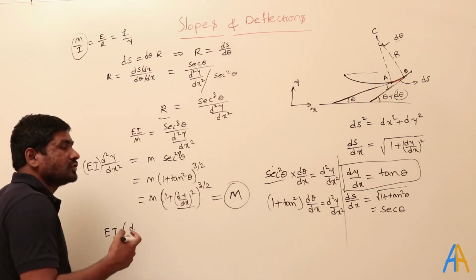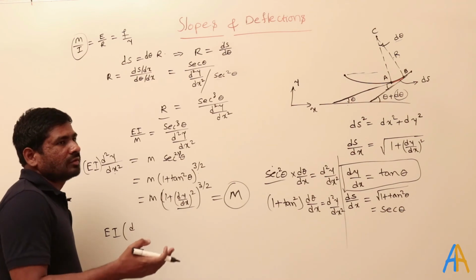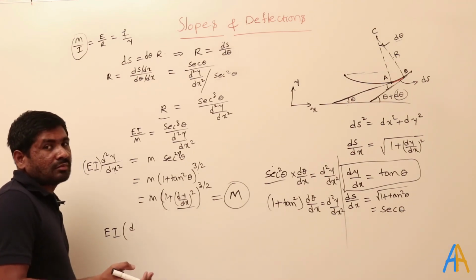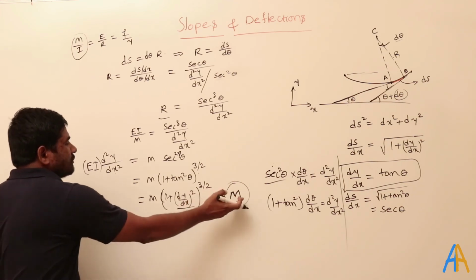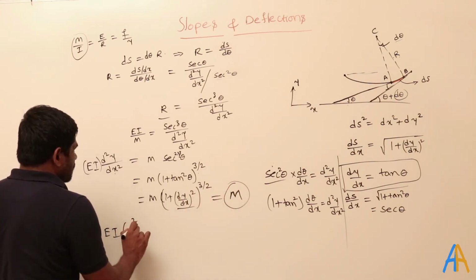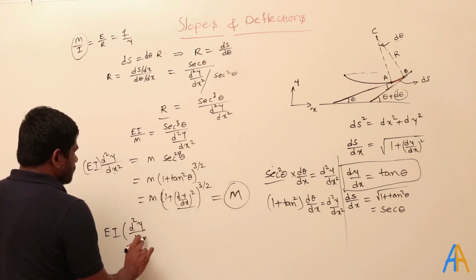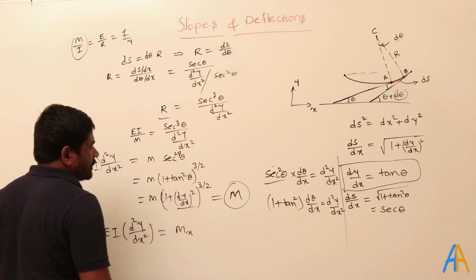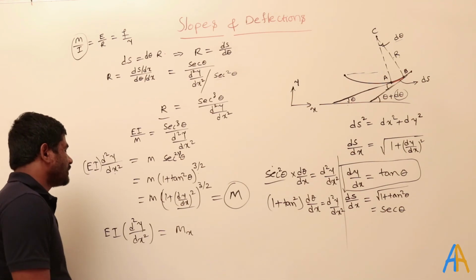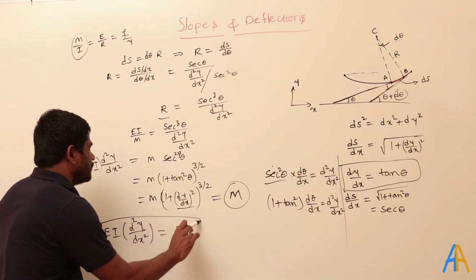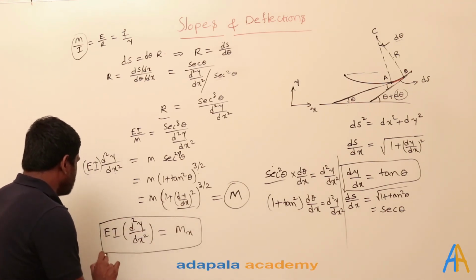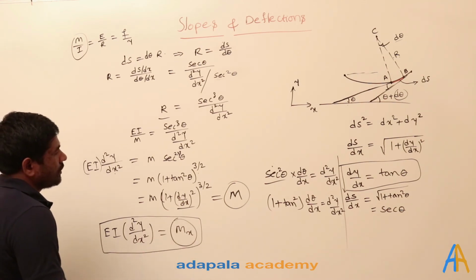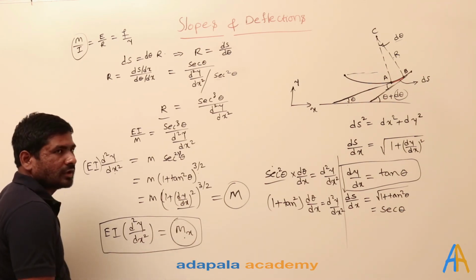Whenever you go all along the beam, in some cases the moment will be constant, in some cases the moment will change. So instead of M, I will write Mx, which means the change in the moment with respect to the length of the beam. So you substitute this M value here.